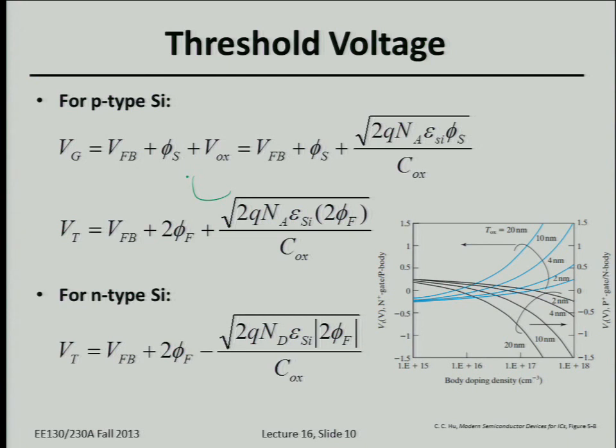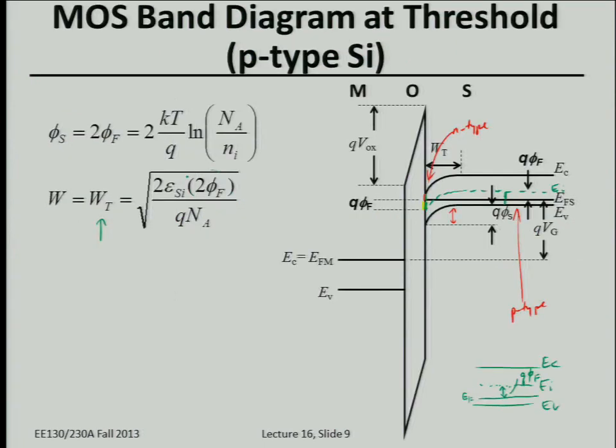What we approximate is that once you apply a gate voltage higher than the threshold voltage, you'll start to accumulate electrons at the surface. In reality, you actually already start accumulating electrons at the surface once this intrinsic energy level, E sub I, starts to fall below the Fermi level.